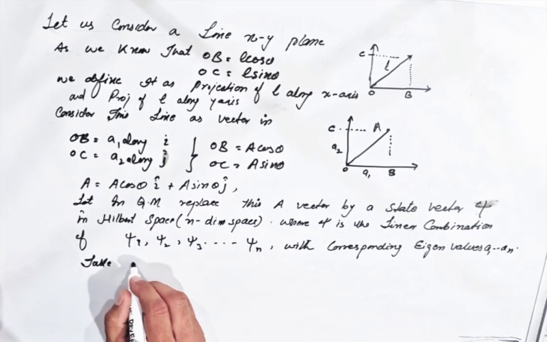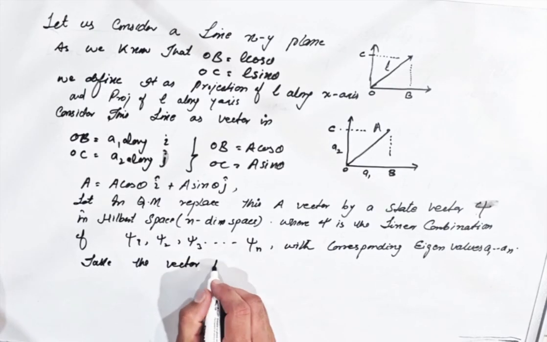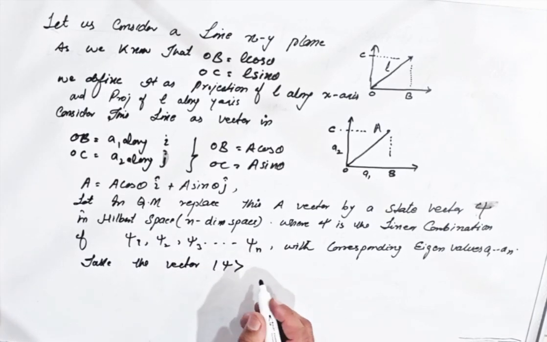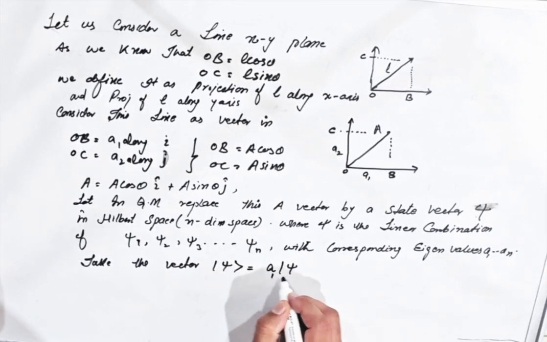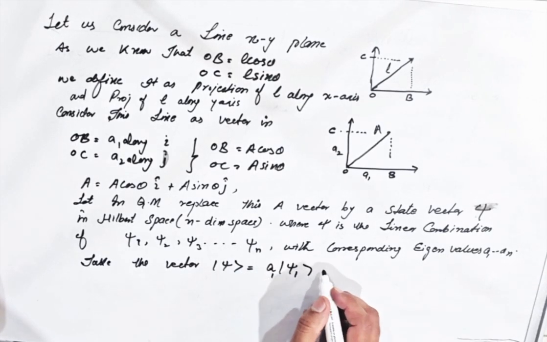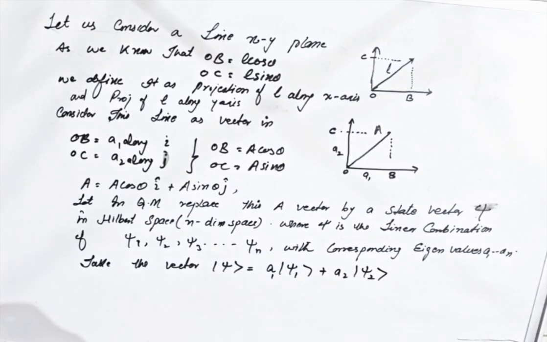Take the vector psi as A1 psi 1 plus A2 psi 2. Let us say our wave function psi has two eigenfunctions, and A1 and A2 are the two eigenvalues.